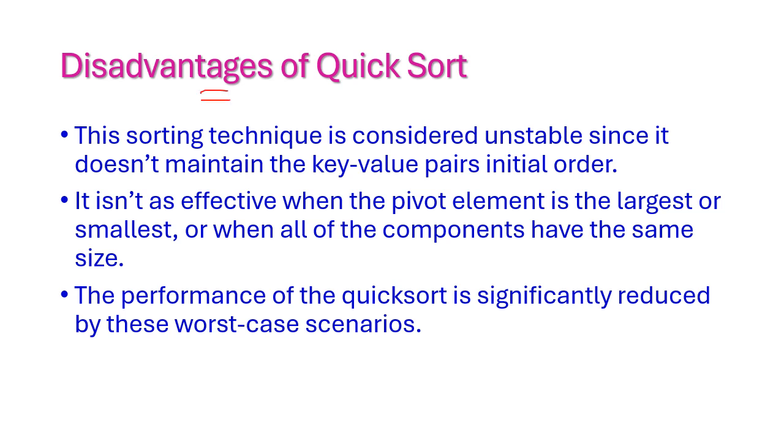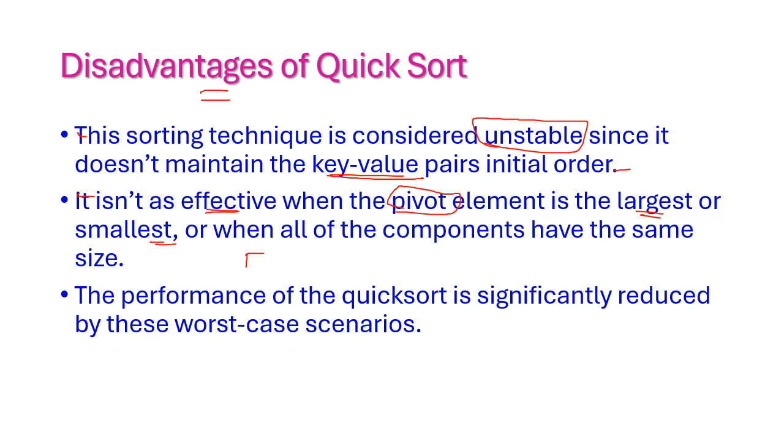And next, let us see the disadvantages of quicksort. This sorting technique is unstable because there is no proper key value pass initially. This is the first one. And it is not effective when the pivot element is the largest value or smallest value, or if there are more keys like the pivot, then the sorting technique will be very ineffective.